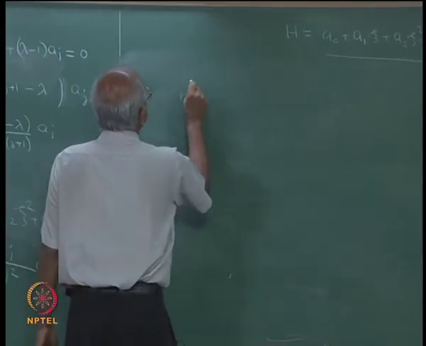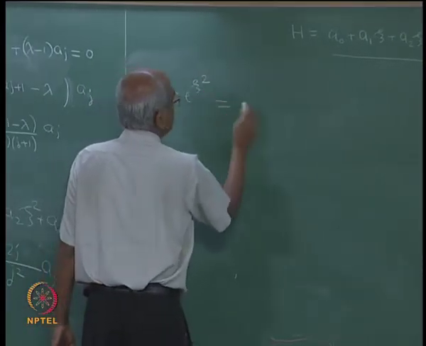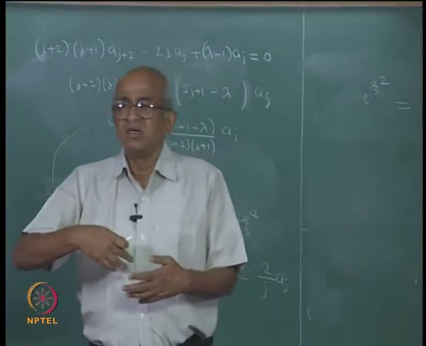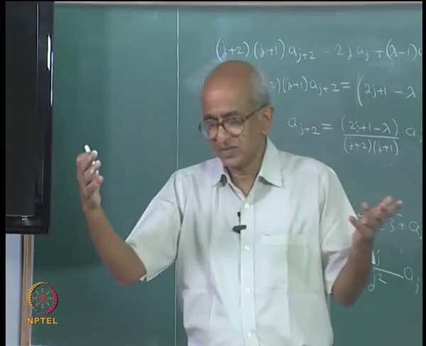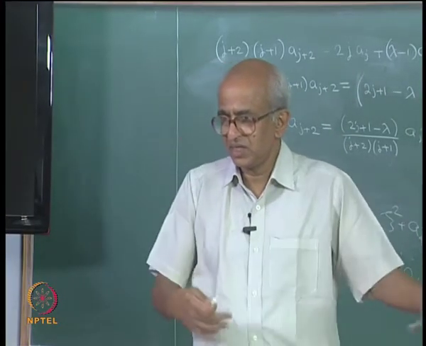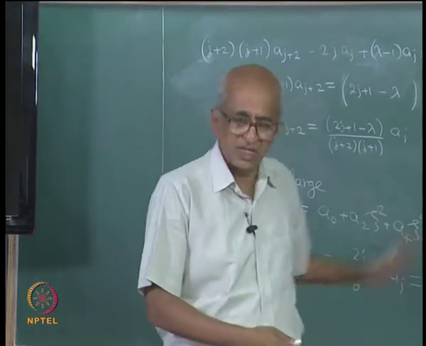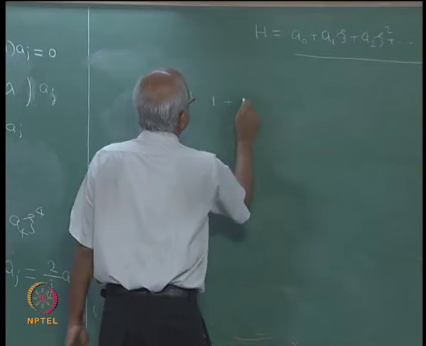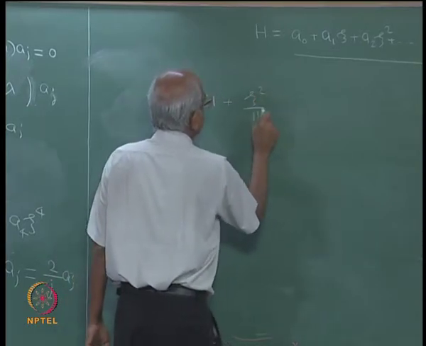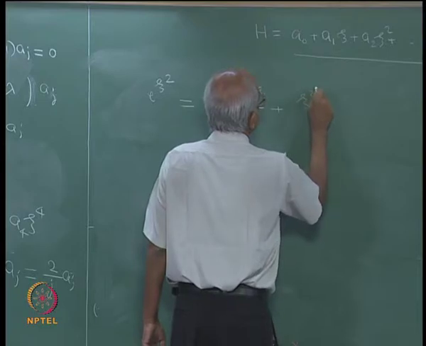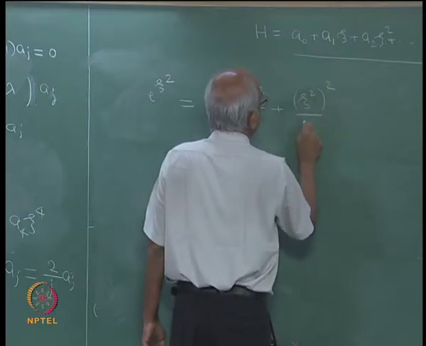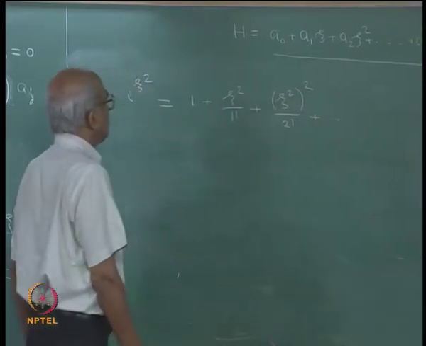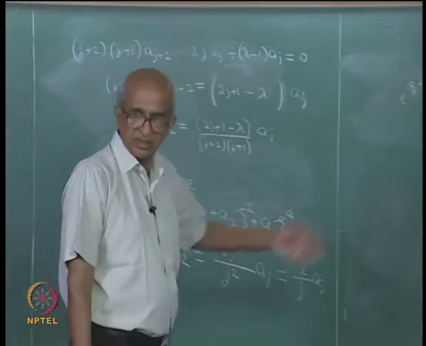So, you see, if you had e to the power of c square, you know the power series expansion for e to the power of x. E to the power of x can be written as a power series. So, similarly, e to the power of c square can also be written. So, what will happen is you will get 1 plus c square by 1 factorial plus c square the whole square by 2 factorial plus etc. Right.